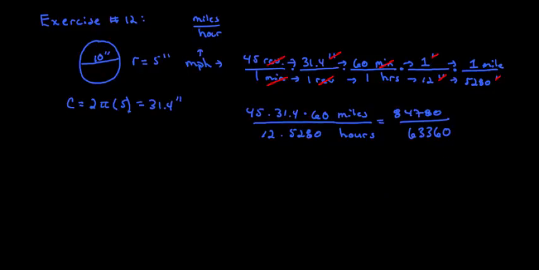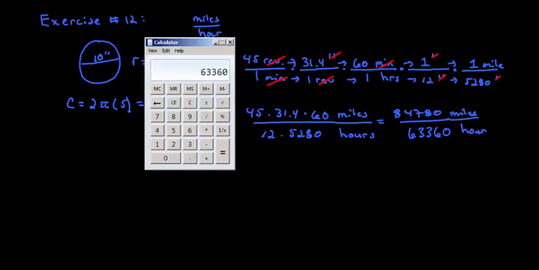If you want to, you can start doing some reducing here, but you don't have to. We can leave that if we like. And again, this is miles per hour.